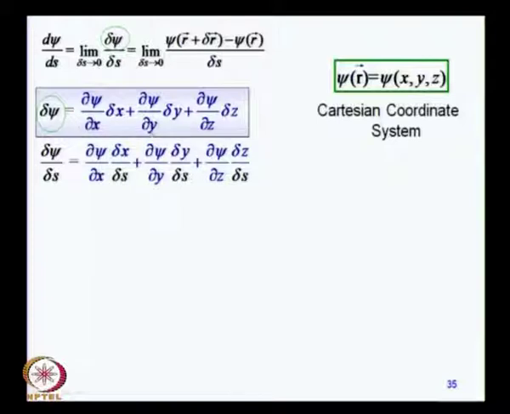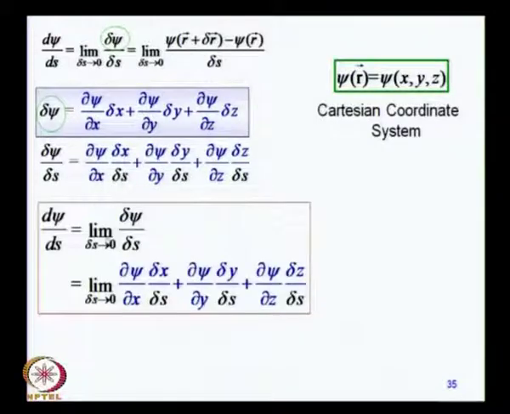You divide both quantities by delta s, take the limit delta s going to 0, and you get this particular expression, and this is something that I believe should ring a bell, because the form of this expression is something that you have met in vector algebra.